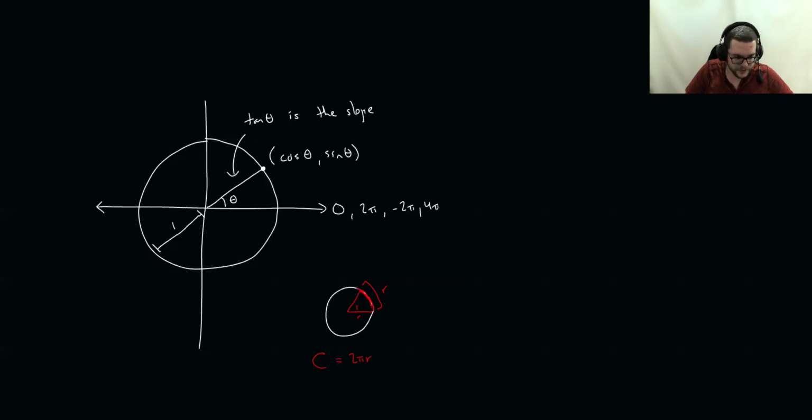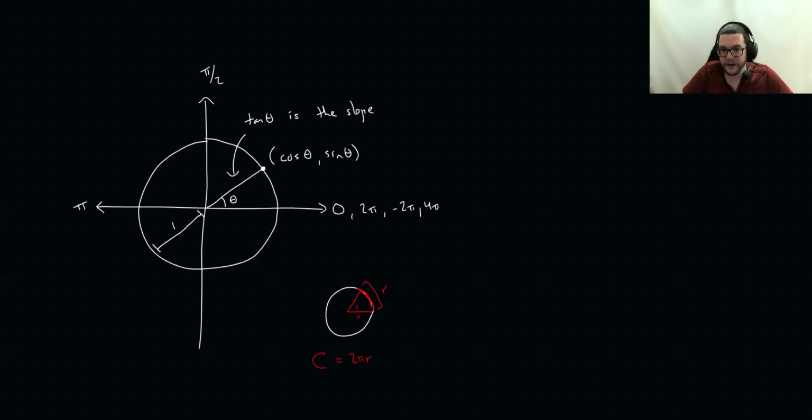Well, then this means that a half rotation, so if I was to go from the positive x-axis to the negative x-axis, is just pi, half of 2 pi. And a quarter rotation is half of that, so pi by 2.